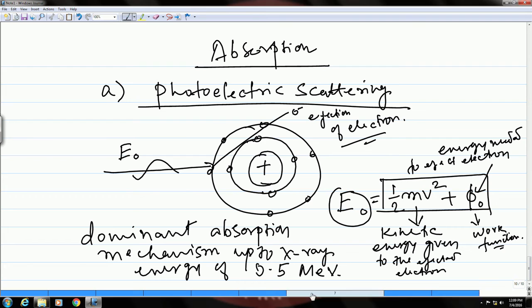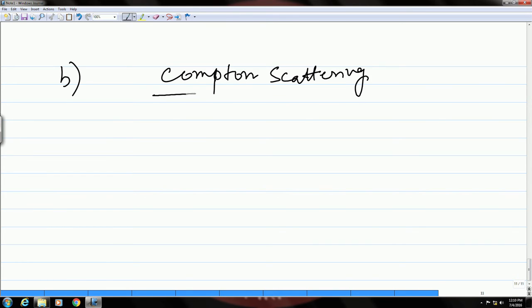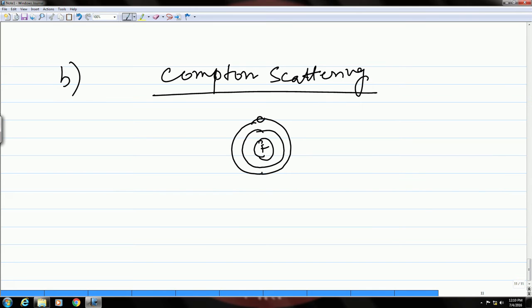So, this is one such atomic scattering event which leads to absorption of X-rays. The second one that we have is known as Compton scattering. In this case also, again the X-ray photons are going to interact with the electrons in the atom.